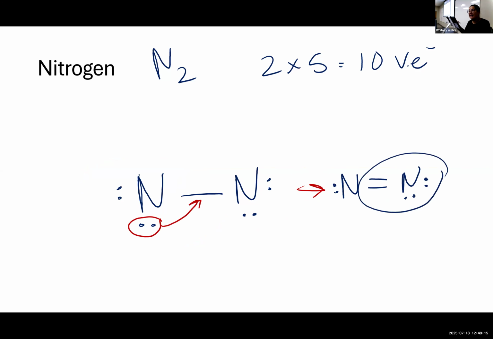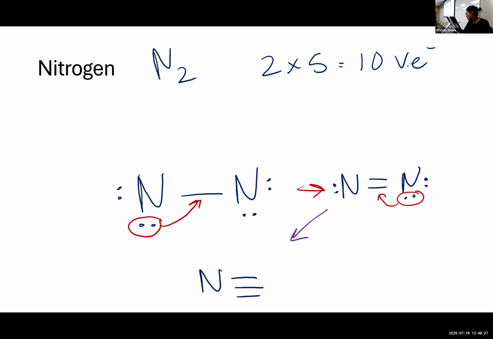This nitrogen has 8, so it's not quite there yet. So now each of those nitrogens has 8 valence electrons to fill its octet.